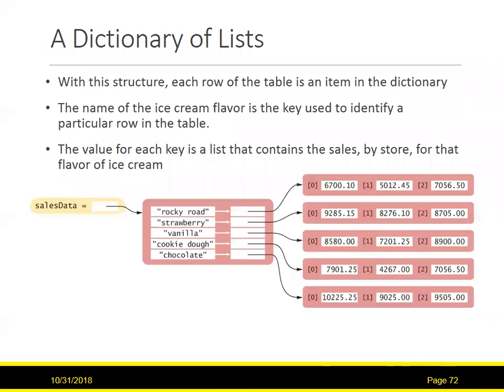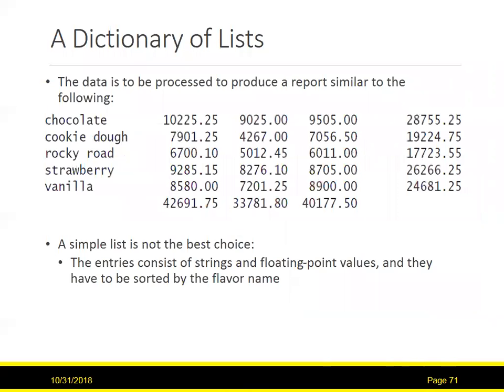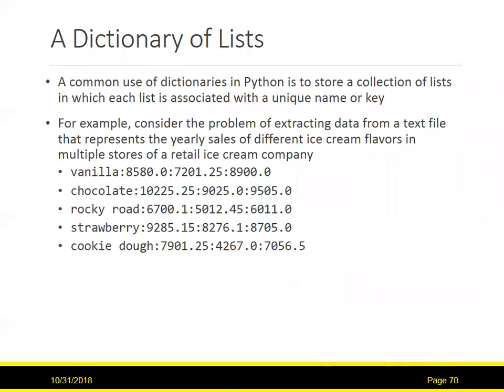You'd iterate through your dictionary, and it looks like it matters. Let's look at this. It matters the order of these numbers because it looks to me like different ice cream flavors in multiple stores. It looks to me like each value tells you the sales for different stores. So you'd want to keep 8580 in the first spot.